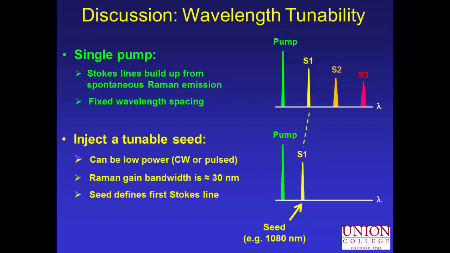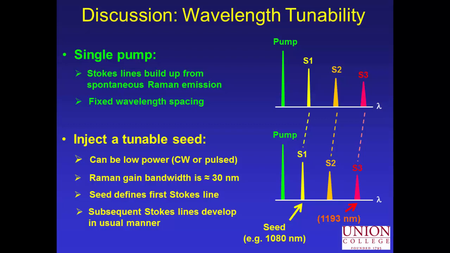So you don't have to be right at roughly 1097; if you inject 1080, it can be amplified by the Raman gain of the fiber. This seed defines the first Stokes line, and when that gets strong enough, it can sequentially generate the next two Stokes lines, and you can get 1193 nanometers. So if you vary your input seed wavelength, you can vary your third Stokes line wavelength to do some spectroscopy. That's the idea.